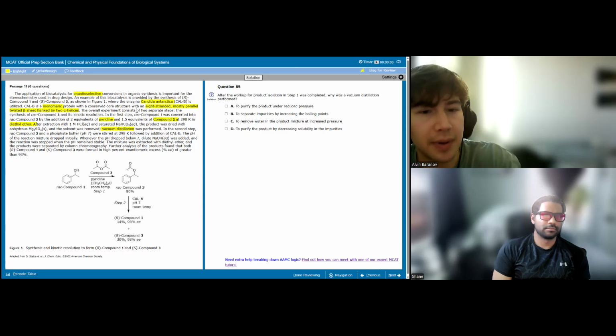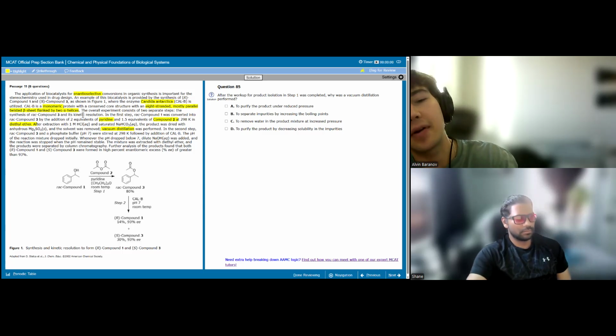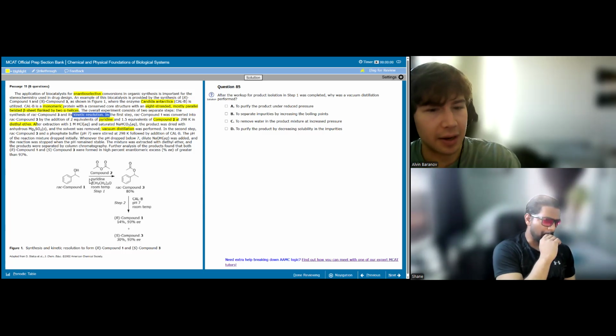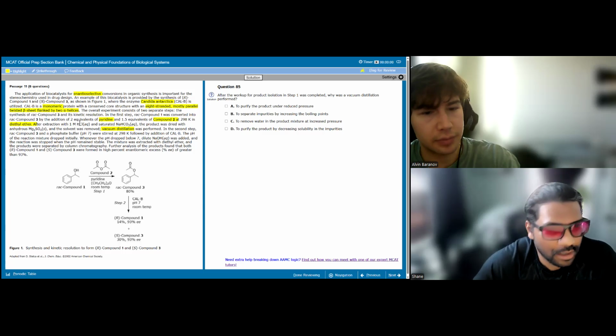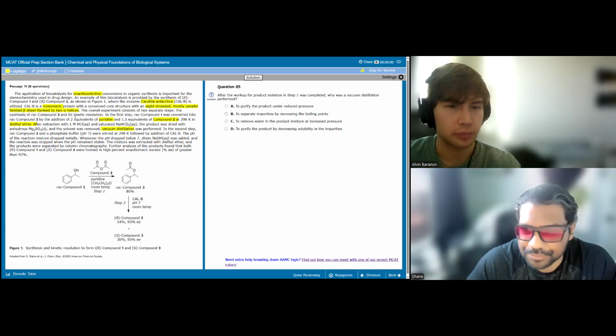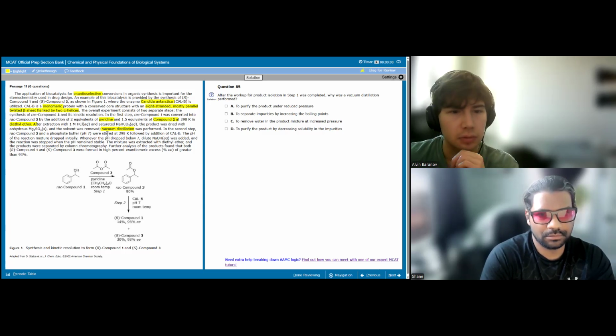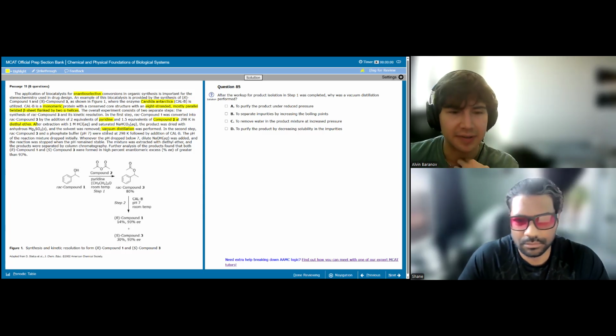The overall experiment consists of two separate steps, synthesis of Rac compound 3 and its kinetic resolution. So kinetic resolution, would that mean kinetic product? I think so. So it's like the faster one.